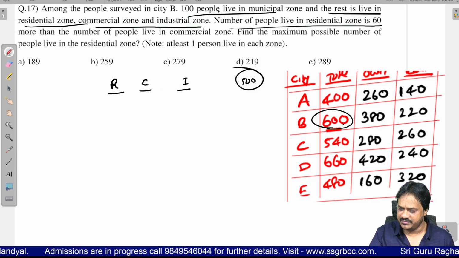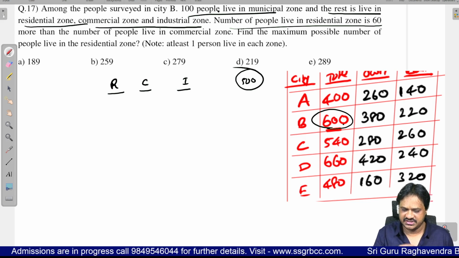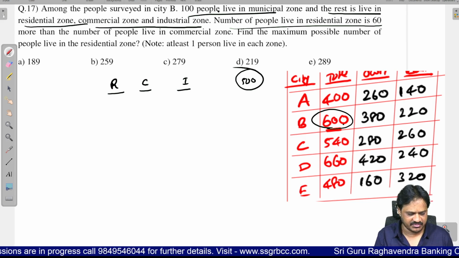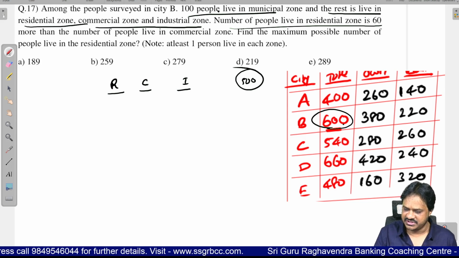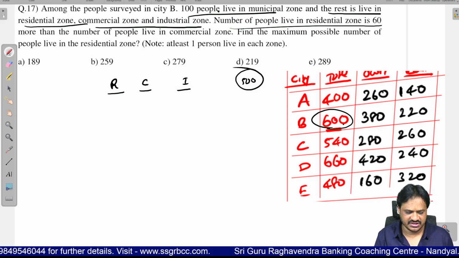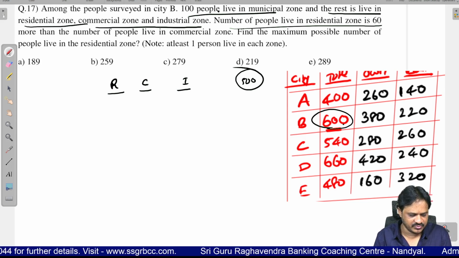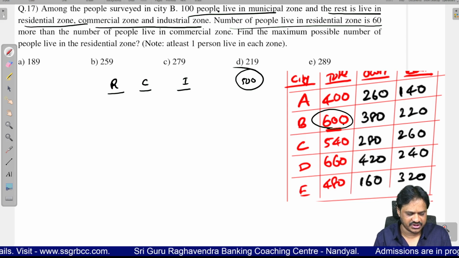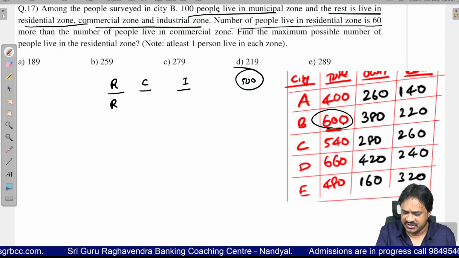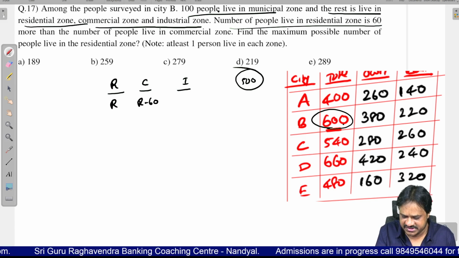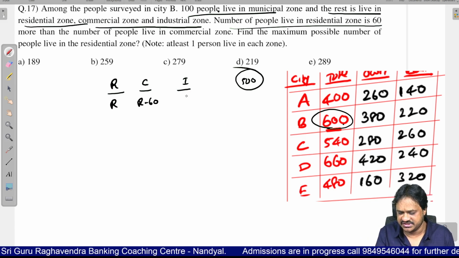The number of people living in residential is 60 more than that in commercial. So if residential is 60 more than commercial, residential I am taking R. Commercial will be R minus 60, because commercial is less, residential is more.